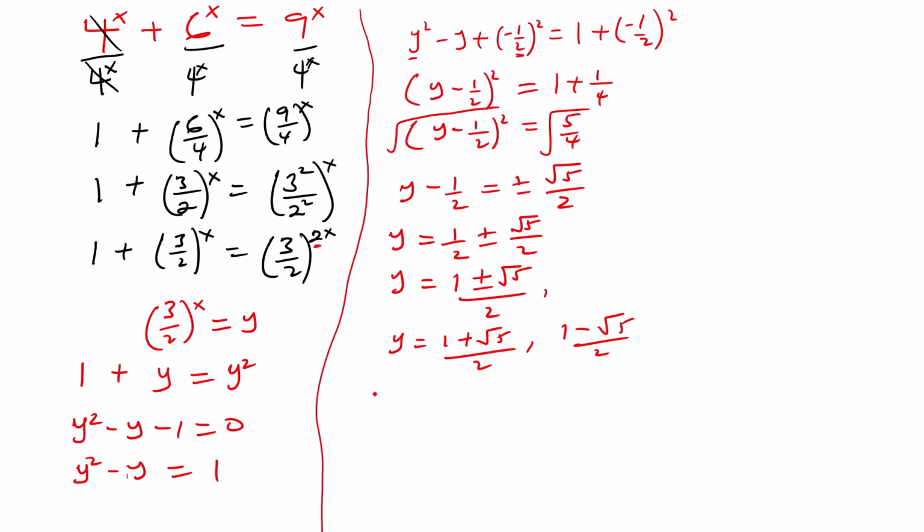Okay, now let's focus on this. So 3 on 2 raised to x equals y. Now let's solve for x here by taking log on both sides. Okay, so let's take natural log on both sides.